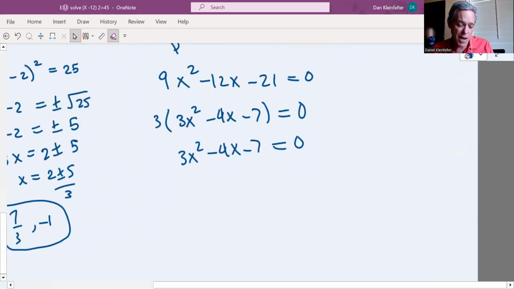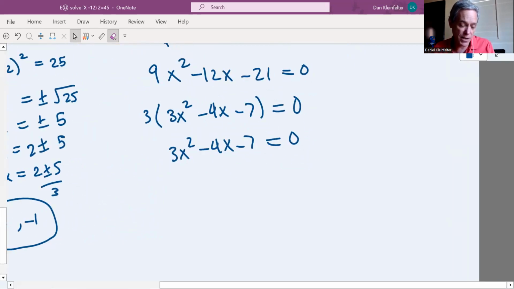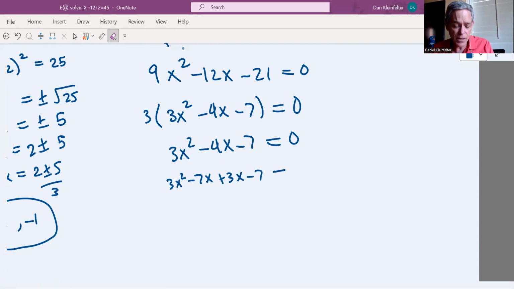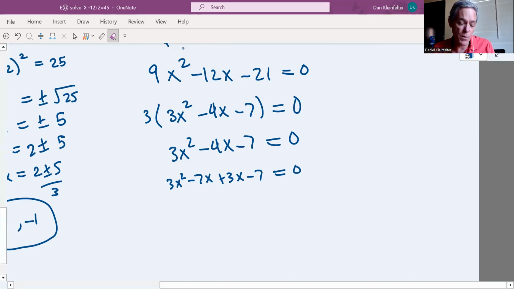And then if you remember back to factoring, maybe by grouping, we'll try that. We'll have 3x² - 7x + 3x - 7 = 0. Here I looked for two numbers that multiplied to be the same as 3 times -7, that's -21, and added to be -4, and that would have been -7 plus 3.